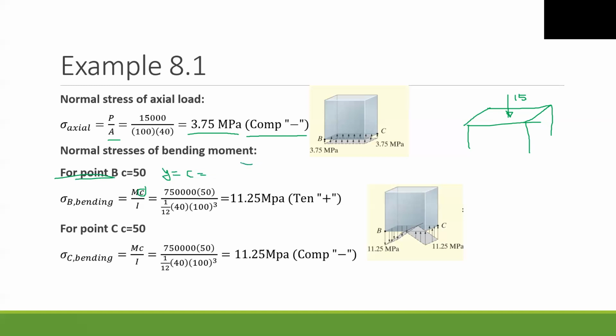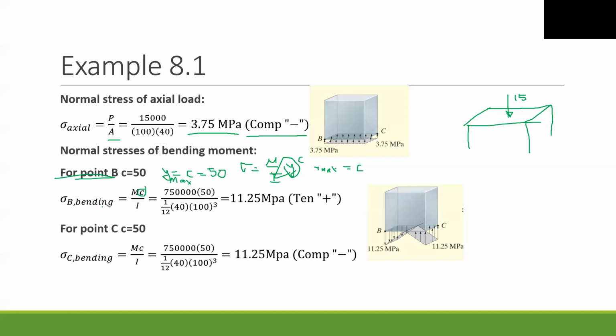You remember sigma equals M divided by I times y. I use the c term instead of y because when y is maximum it is equal to c. Maybe in the book you remember that y maximum is equal to c. This is also equal to 50.